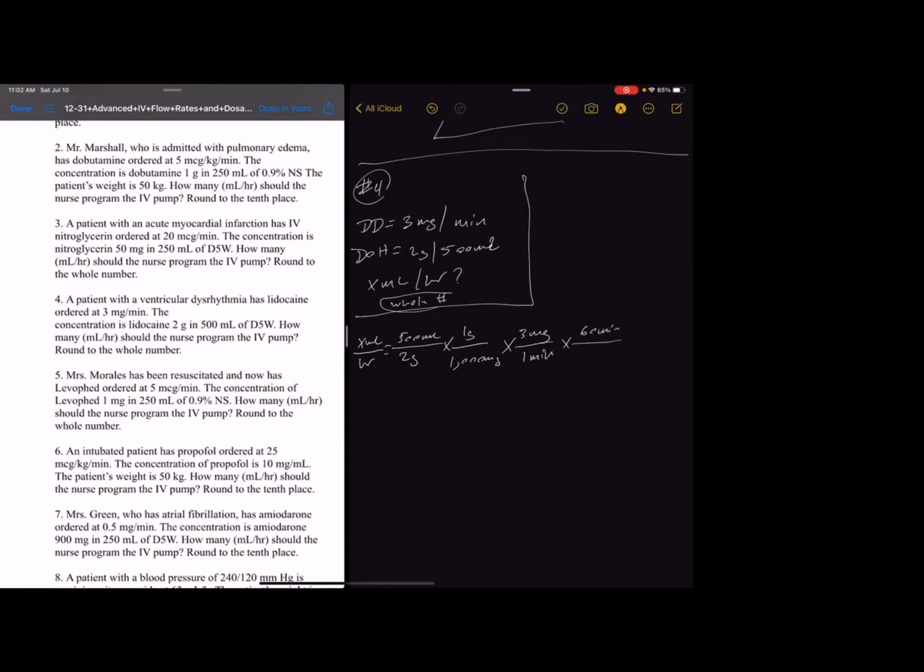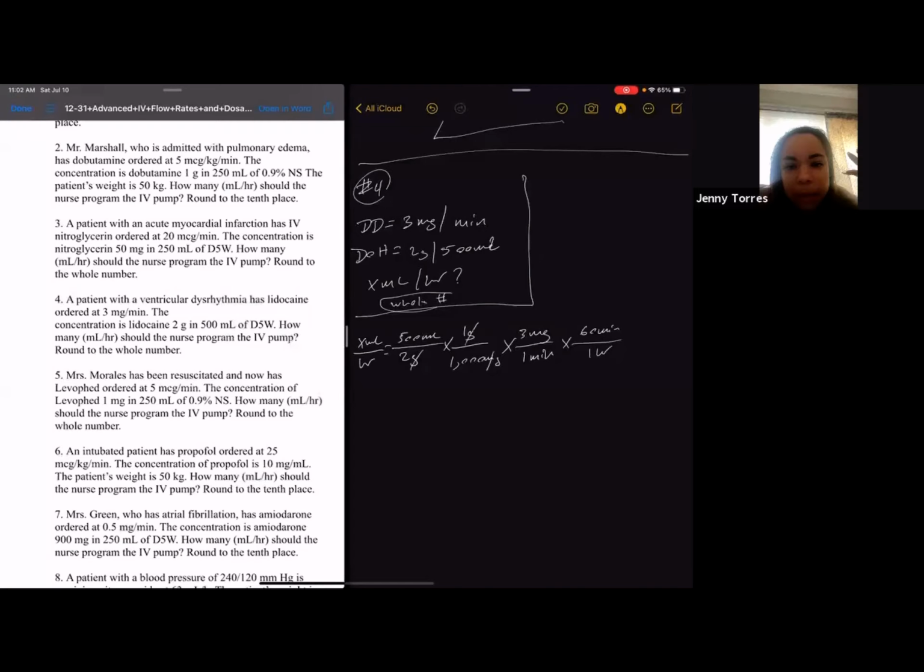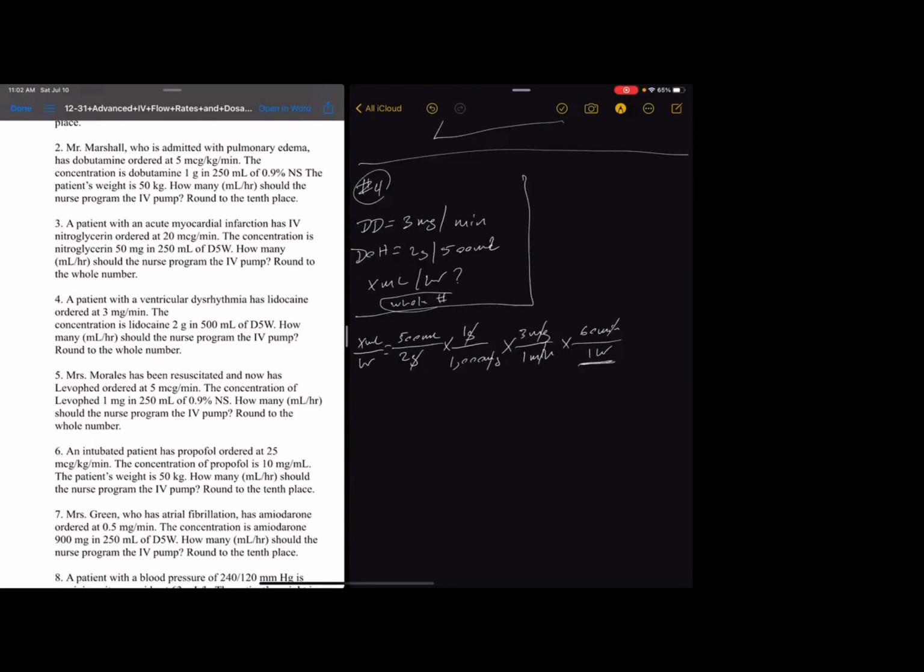You guys said this was hard. So what are we canceling out? Grams, milligrams, minutes. And what are we left with? mLs and hours. ml on top, hour on the bottom. So 500 times 1 times 3 times 60 over 2 times 1,000 times 1 times 1.